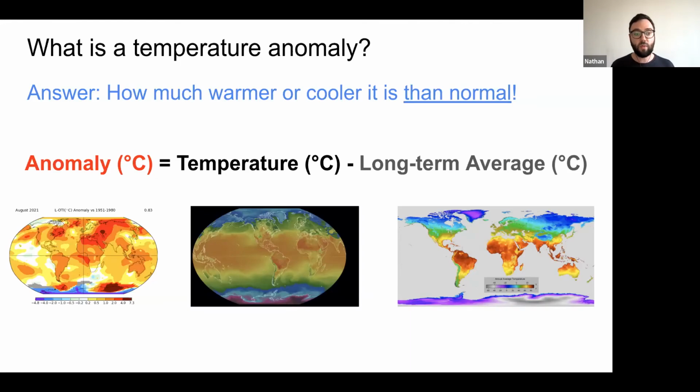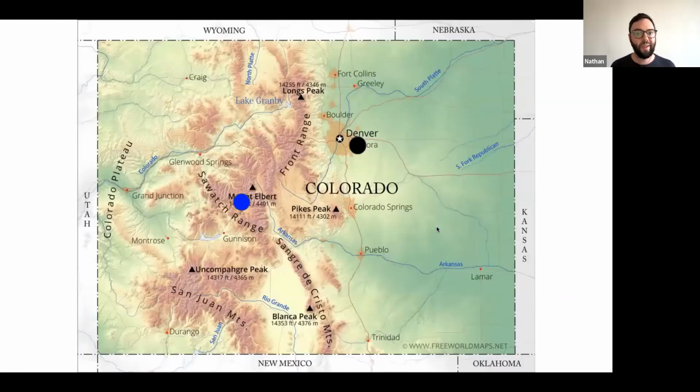You might already notice that these anomaly charts look different than these average temperature charts. I'm going to talk about why, and why they're really useful in this problem. To do this, I'm going to bring an example in from my home state, Colorado.